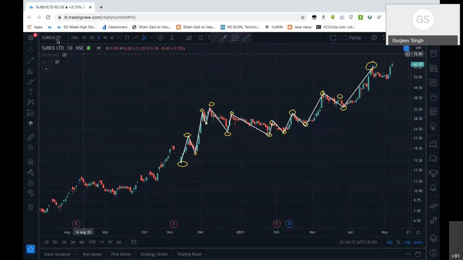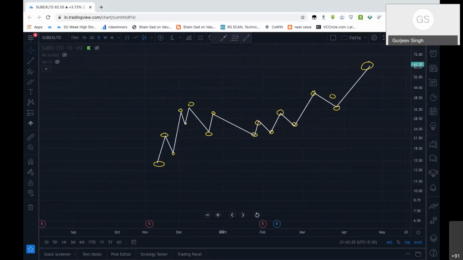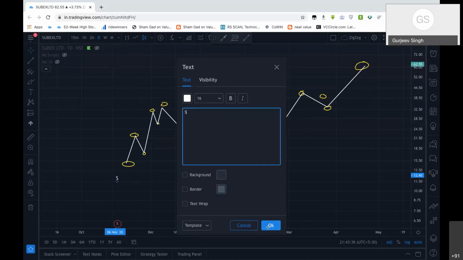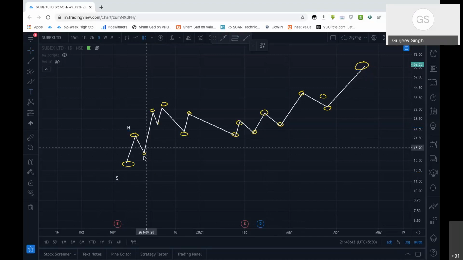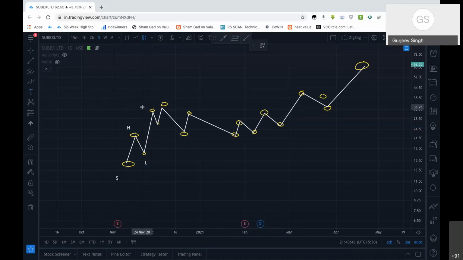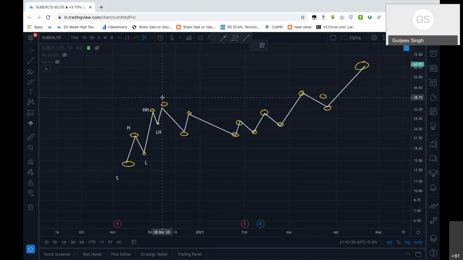Okay. Then we hid the price and got such a diagram, where the swing highs and swing lows are marked. Then we expanded this diagram and started marking these points. This was my starting point. This was my high, so this is the first point. This was my low. This was my higher high. This was my lower high. Higher high.